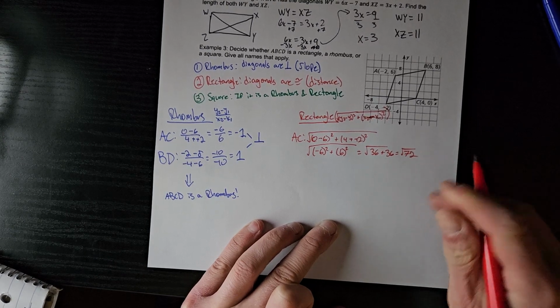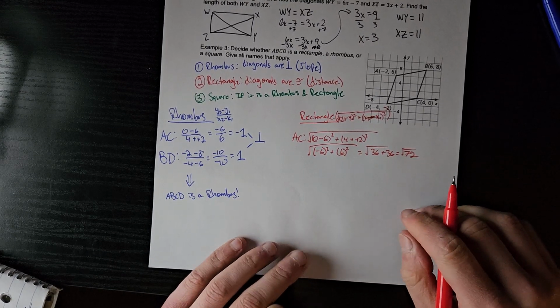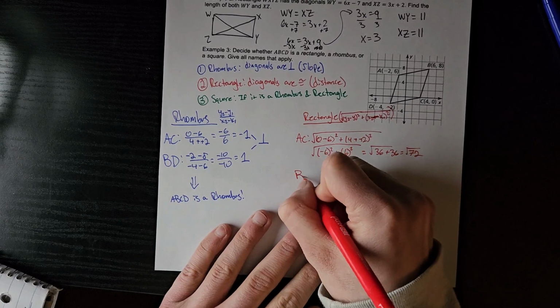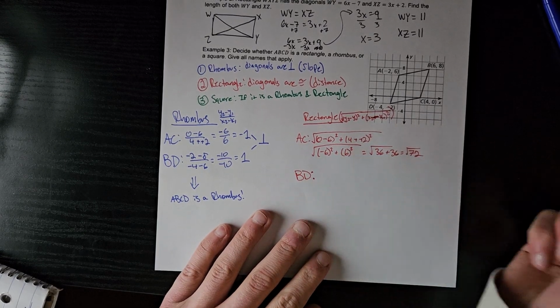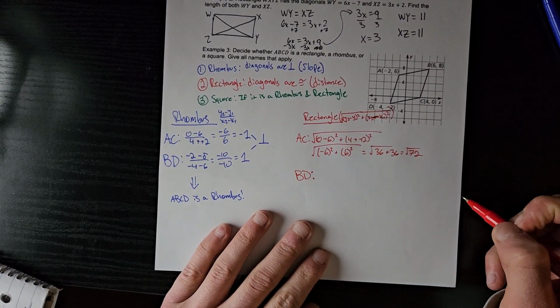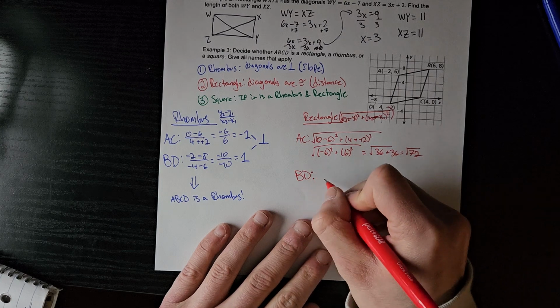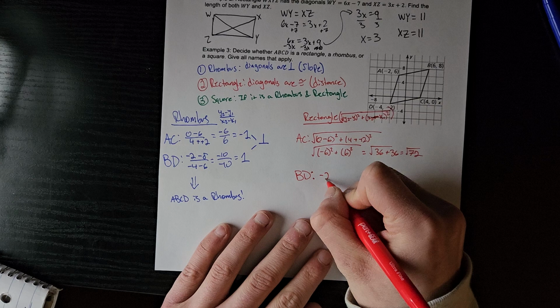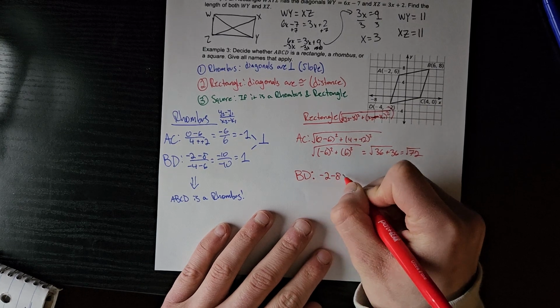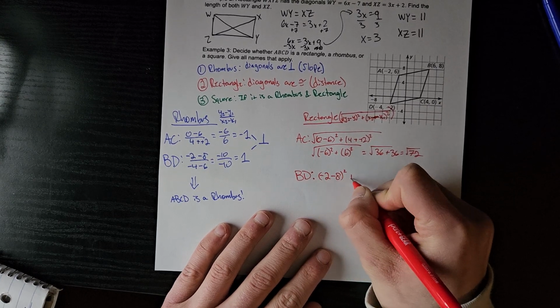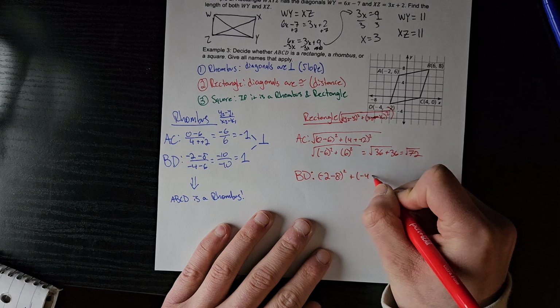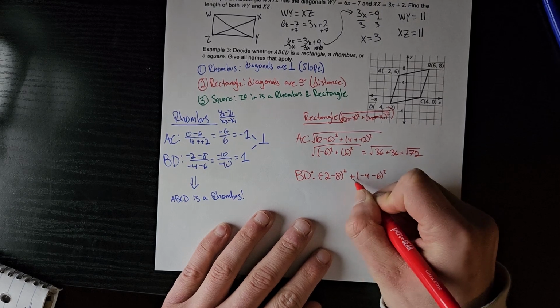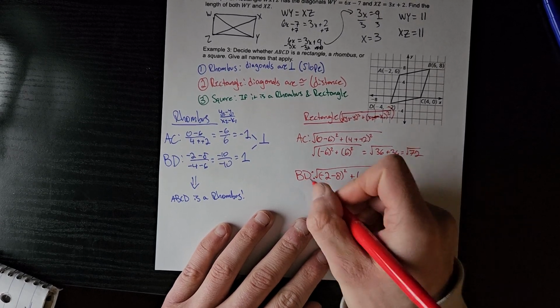and have the square root of 72. I'm not going to find the real value of that because I don't have my calculator at home. I'm doing this just straight up. So for BD, I have negative 2 minus 8 squared plus negative 4 minus 6 squared. Let's see what we get.